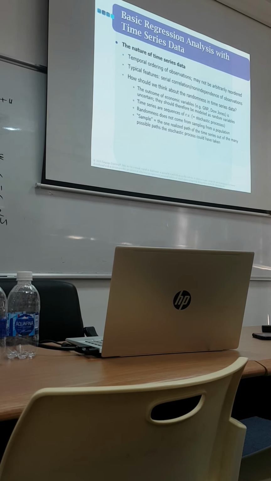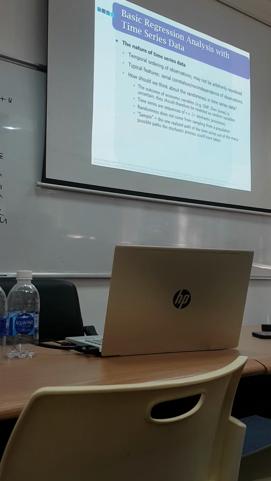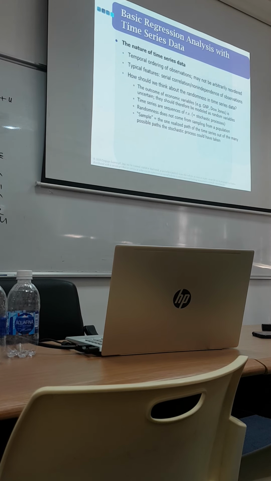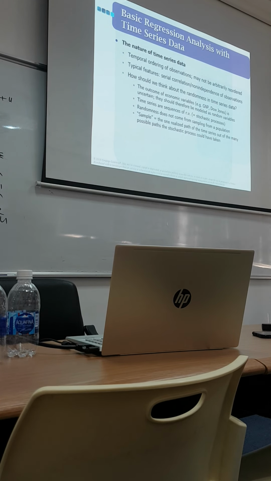GDP of the previous years can affect the GDP of this year. Inflation of the previous years can affect the inflation this year. In cross-sectional data, your score may not affect other people's scores. But in time series, you have that problem: a variable can be affected by its own past values, and we call that autocorrelation.